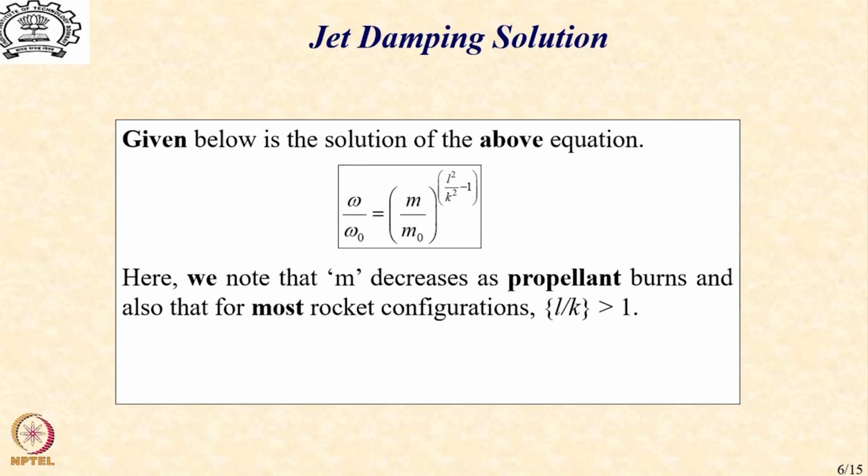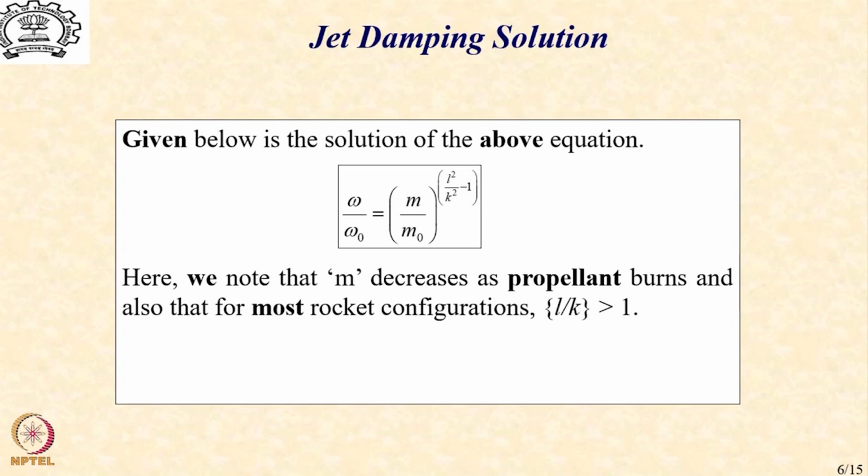And then we note a couple of things with regard to the solution. The first thing that we note is that as time progresses, we burn propellant so that m by m naught is a decreasing quantity as a function of time.